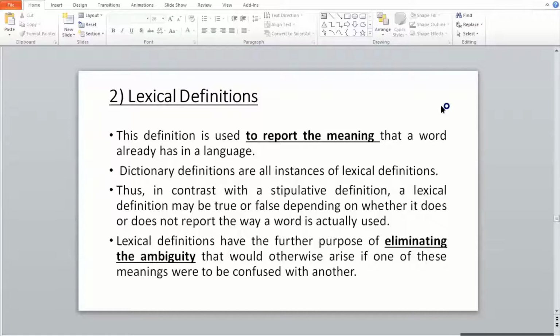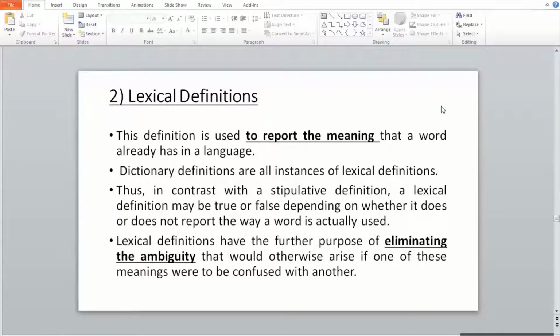It is a kind of definition that we use in the academic teaching-learning process, because such types of definition help eliminate ambiguity between the sender and the receiver of the message. So lexical definition is nothing but a dictionary definition.